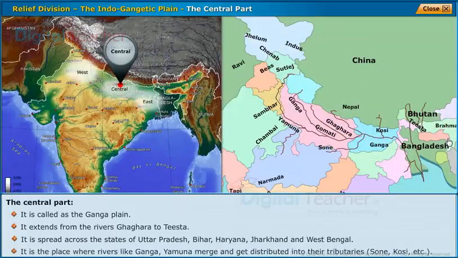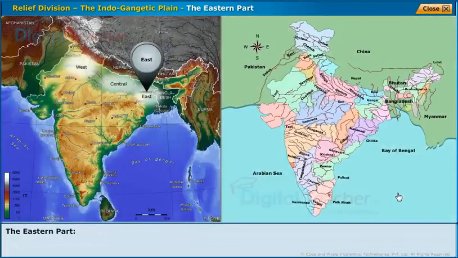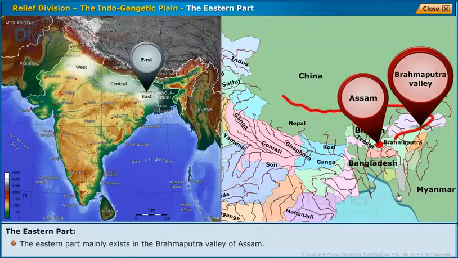It is the place where rivers like Ganga, Yamuna merge and get distributed into their tributaries Sone, Kosi, etc. The eastern part. The eastern part mainly exists in the Brahmaputra Valley of Assam.